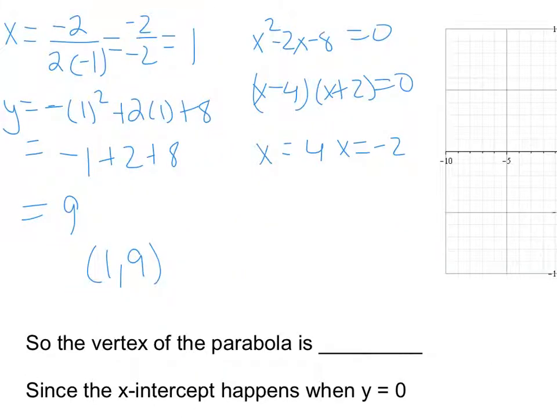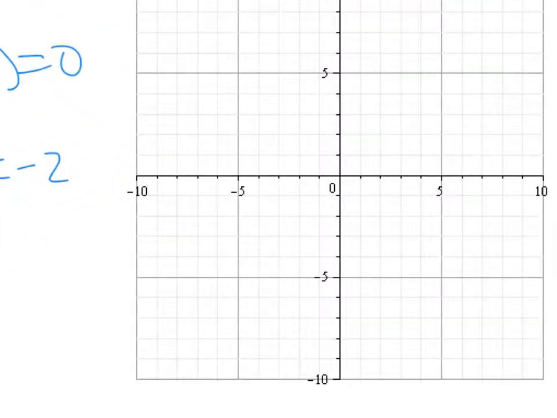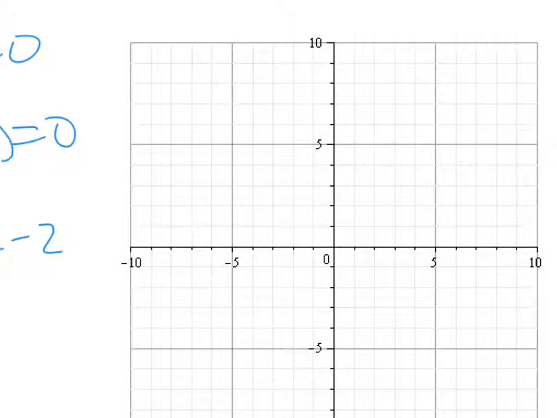So our vertex, we know, is 1, 9, and we have our two zeros. So if we just go to graph these, okay. We have the point 1, 9. We have negative 2, 0 and 4, 0.